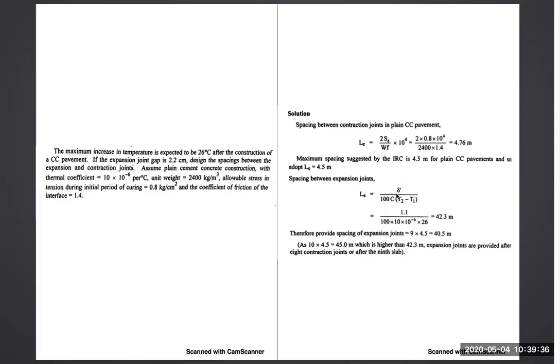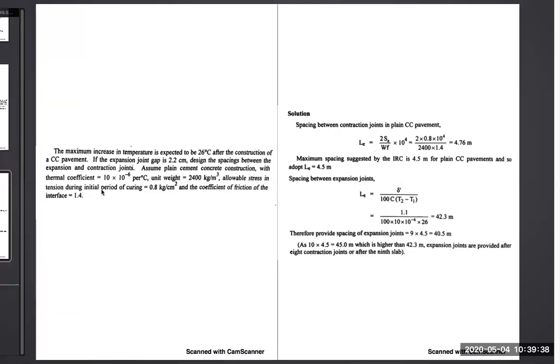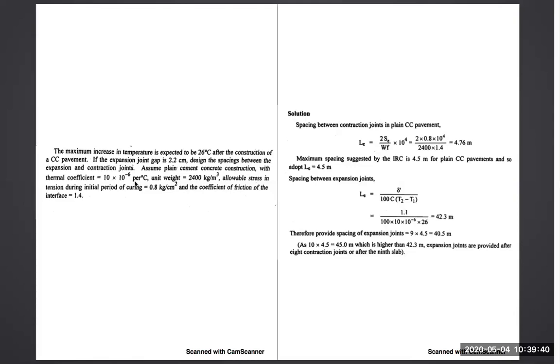Again, if this C is not given, you need to assume this value as 10 into 10 raised to minus 6. Okay, so that is been given, and as I told you, T2 minus T1 has been directly given as the differential temperature as 26 degrees Celsius. So they have taken it directly. So once you substitute these values, you get 42.3 meters.